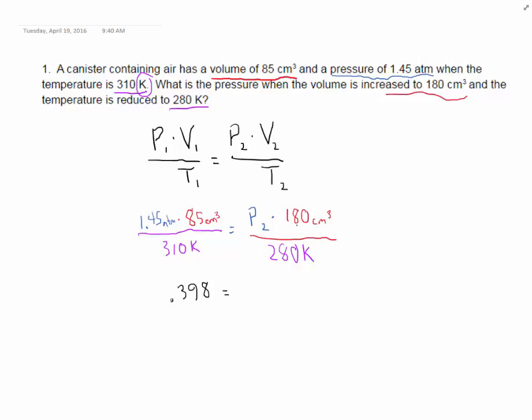On the other side, to get rid of things, you do the reverse of what's there. I'm going to multiply both sides by 280 and then divide both sides by 180, and that gives me my answer, the new pressure, P2, equals 0.618 atmospheres. And that's how you do number 1.